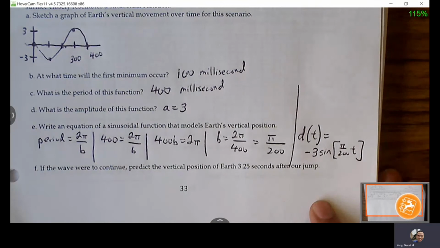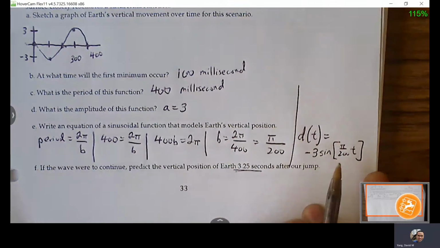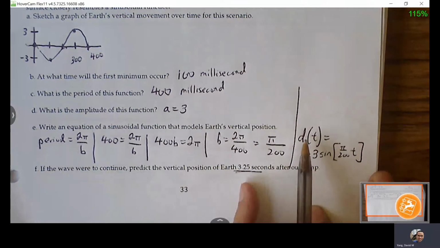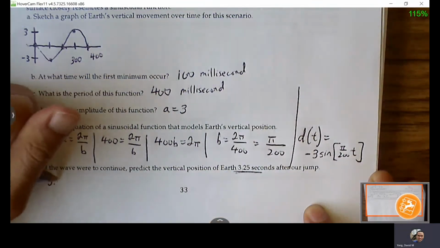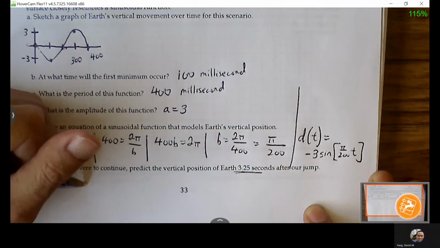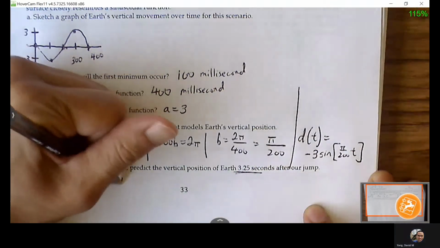Okay, if the wave were to continue, predict the vertical position of the Earth at 3.25 seconds. The t value that has been defined is in terms of milliseconds, so we've got to convert this to milliseconds here. So multiply by 1000.